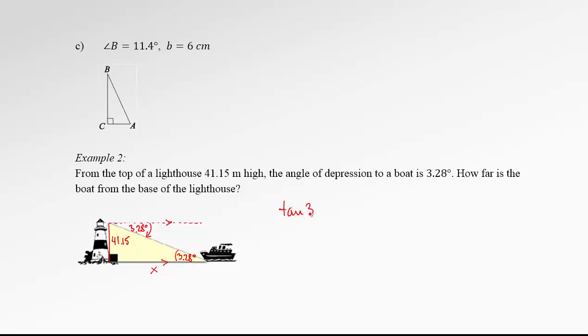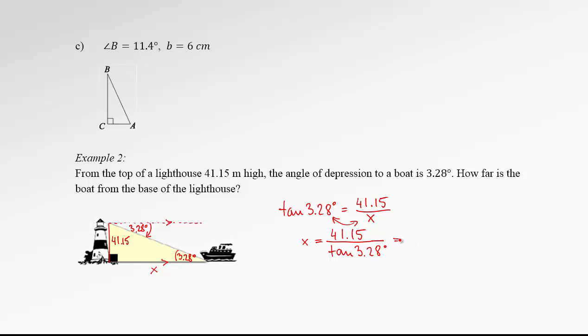Tangent of 3.28 equals 41.15 over x. To solve for x, as before, we swap the x with the tangent. X goes up, tangent goes down. We end up with 41.15 over tangent of 3.28.